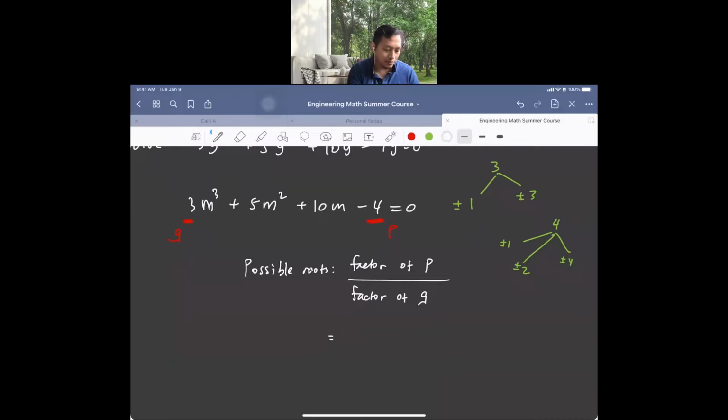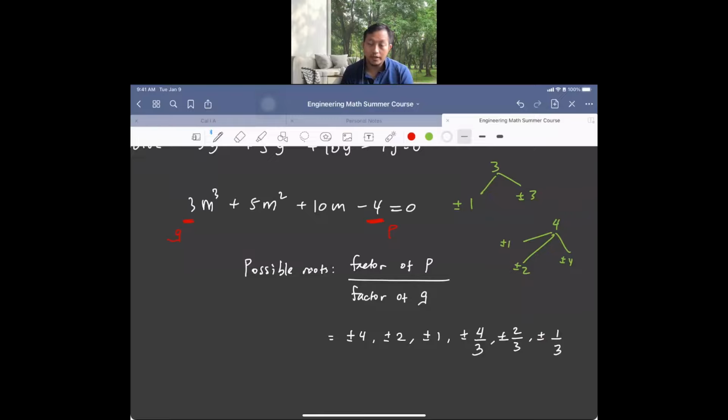Now the possible roots, factor of p over q: plus minus 4, plus minus 2, plus minus 1, divided by the factor of q, so plus minus 4 over 3, 2 over 3, and plus minus 1 over 3.